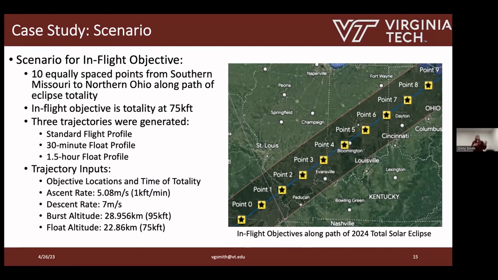From my prior experience, we were pretty close to the center of totality. It was really, really cool looking from the balloon. I think it's a lot safer to target that, and then if you miss, you're still there. If you overfill or underfill the balloon, you can still achieve your objective. So you don't have to be super precise on that.